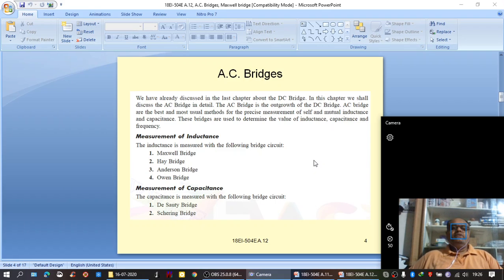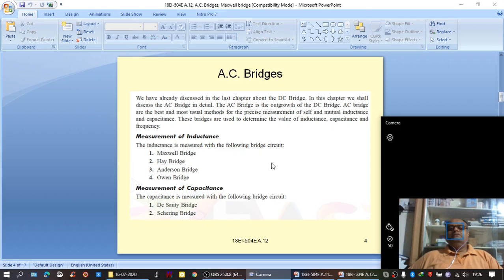AC bridges are mainly used for the measurement of inductance, capacitance, and frequency. For the measurement of inductance, a variety of bridge circuits have been developed. Some of the bridge circuits among them are Maxwell bridge, Hay bridge, Anderson bridge, and Owen bridge.